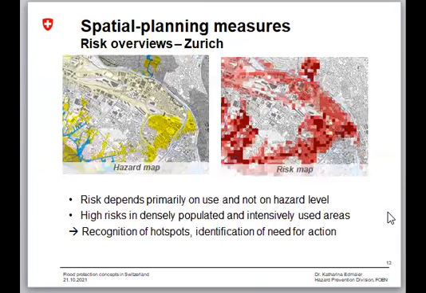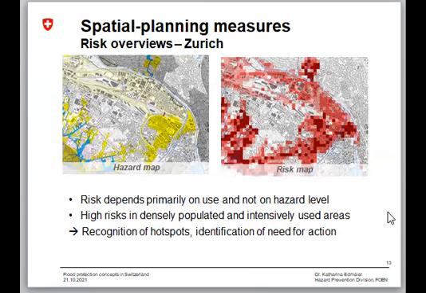As Caroline already pointed out before, with increasing land use, which we had in the last centuries in Switzerland, Switzerland is very highly populated. We have a higher exposure of values, and we have a higher vulnerability of our systems.